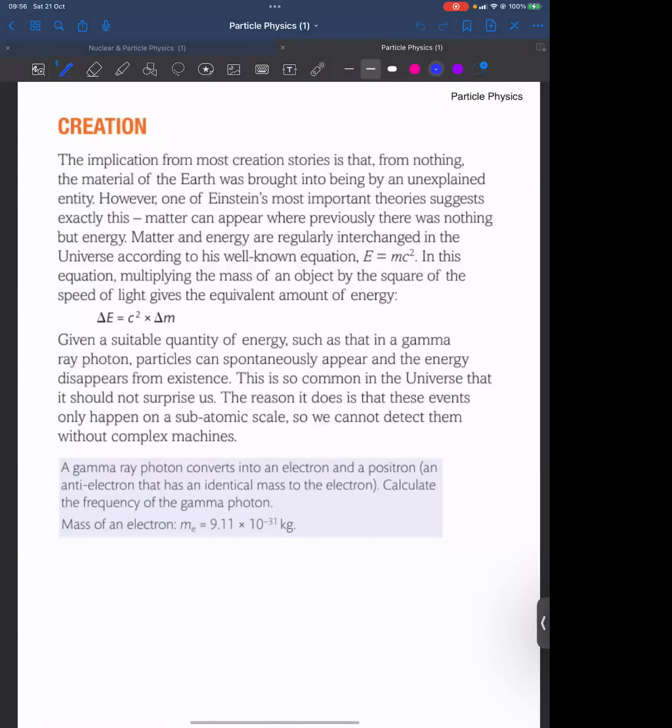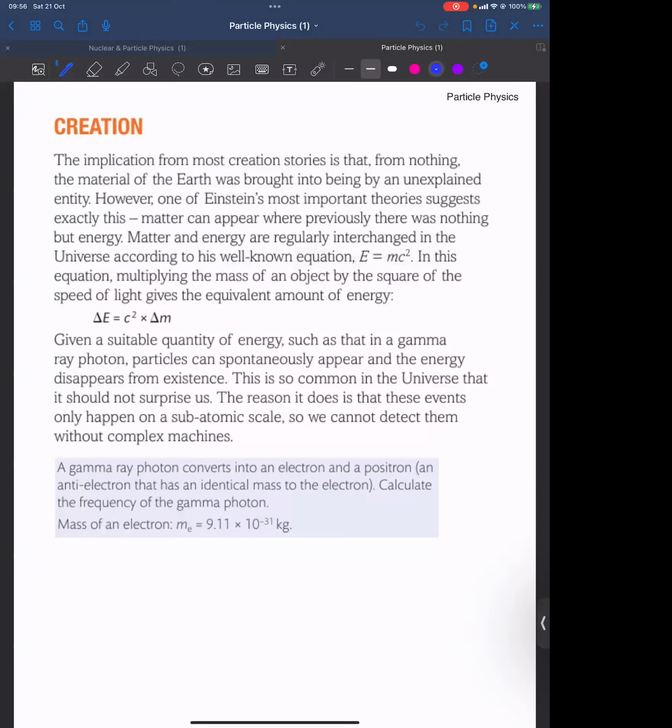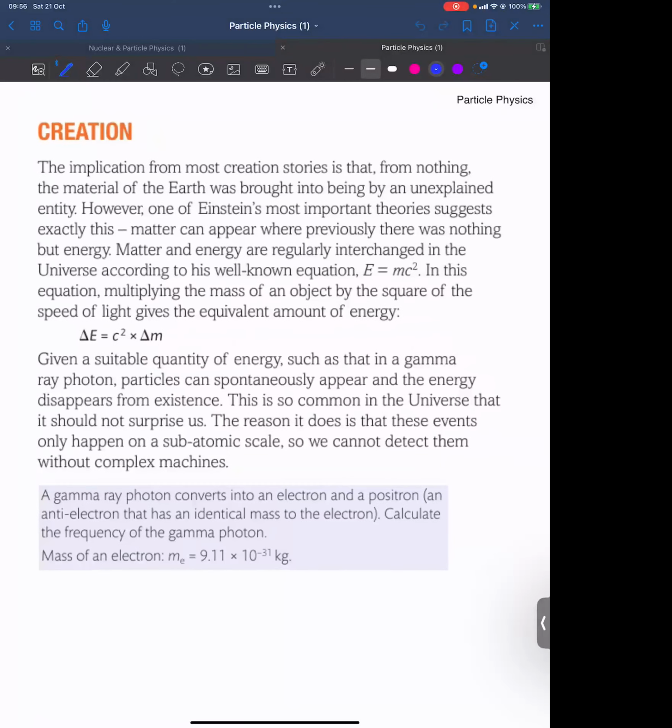Creation. Follow the notes. Page number 1.